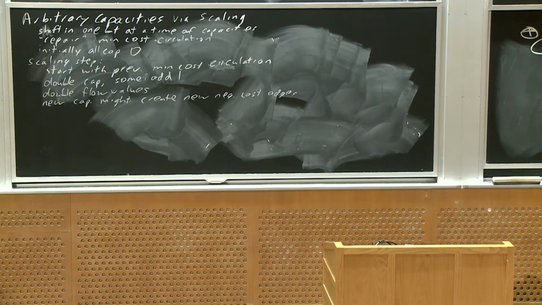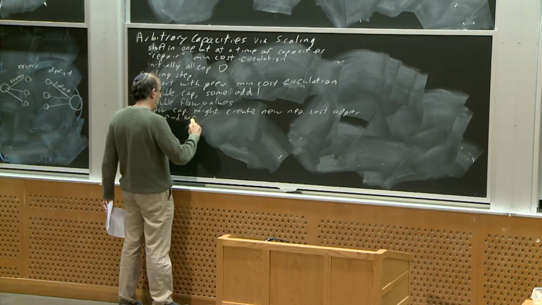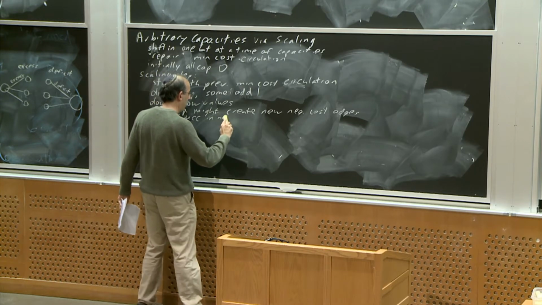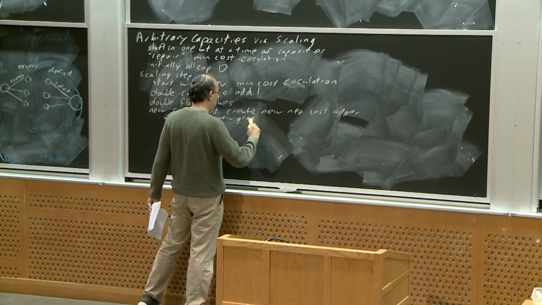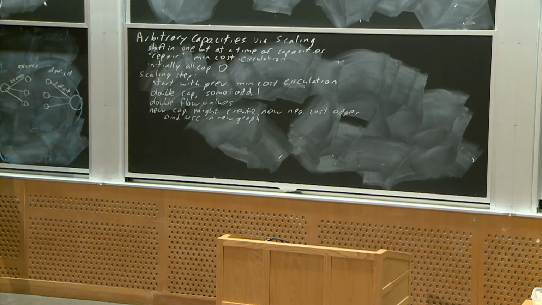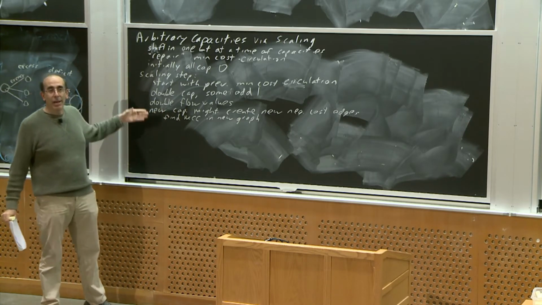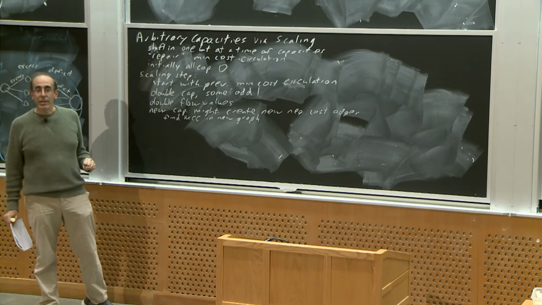Well, basically, we need to find a min-cost circulation in the new graph. The question is, why is it easier to do that than to just solve the whole min-cost circulation problem at once? What can we say is special about the graph that we end up with through this process?